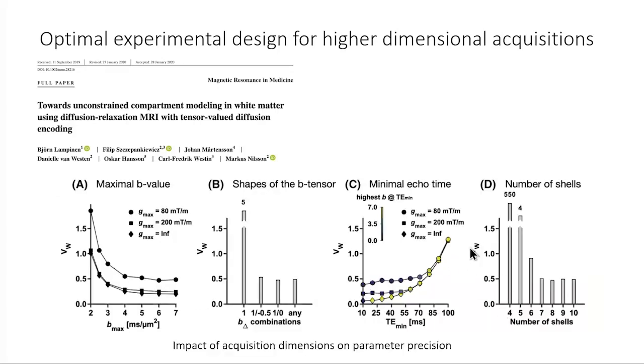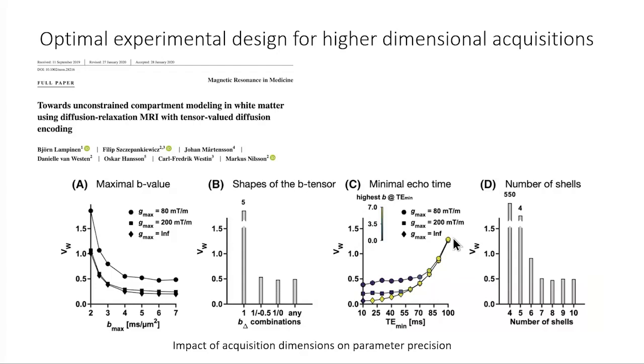But the sequence itself is not that important to remember. What is important to remember is the effect that optimizing the sequence had on the parameters. For example, in this plot, we see the effect of adding B-tensor shapes in the mix. If we only have linear tensor encoding, we had a lot of variance in the measurements. But if we then allowed multiple B-tensor shapes, we could reduce the variance by a factor of almost 10.